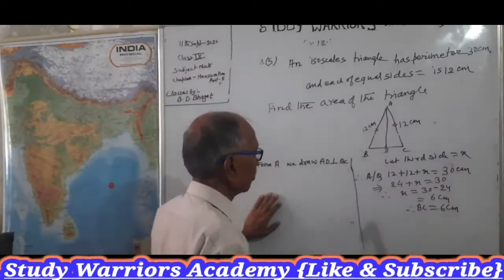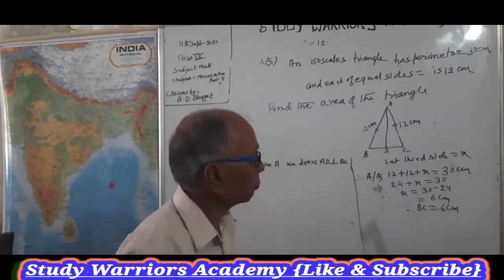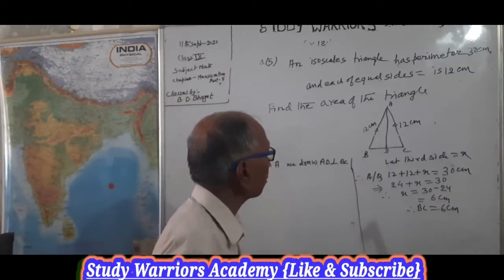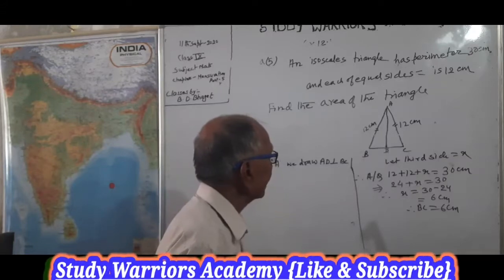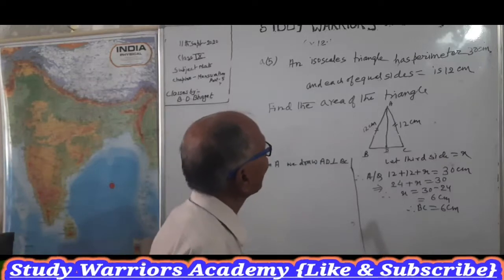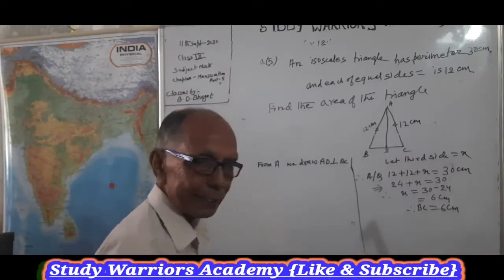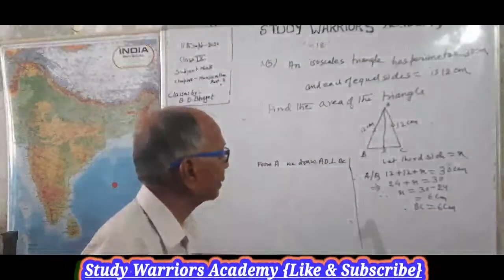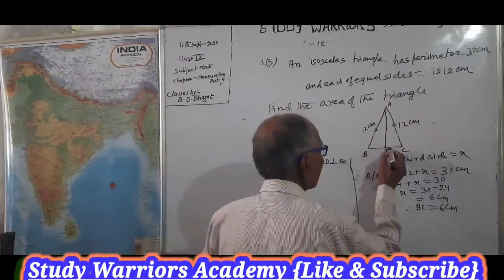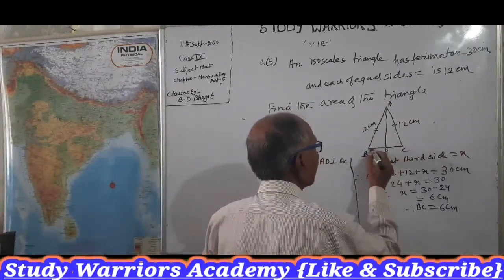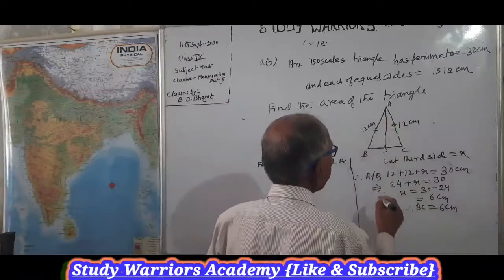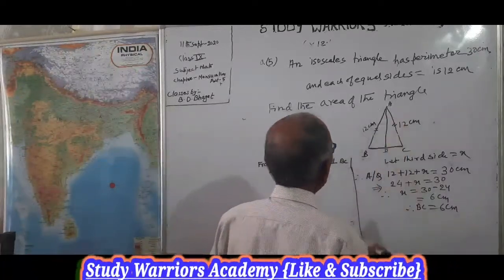Now, if we draw a perpendicular from the vertex to its base in an isosceles triangle, then this perpendicular divides the base, bisects the base, means intersects the base into two parts, and this perpendicular bisects the vertical angle also.